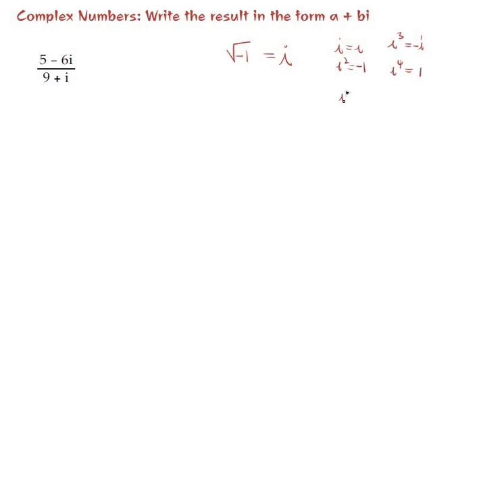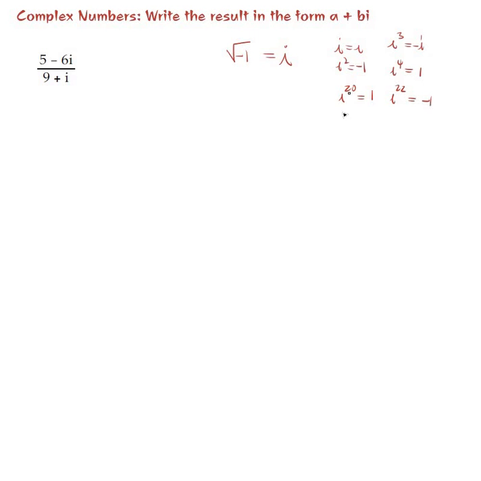If I ask you how much is i to the 20, because 20 can be divided by 4, you would say 1. If I ask you i to the 22nd, 22 divided by 4 is not an integer, so you would say -1. So for even exponents it's going to be 1 or -1, and for odd exponents it's going to be i or -i.